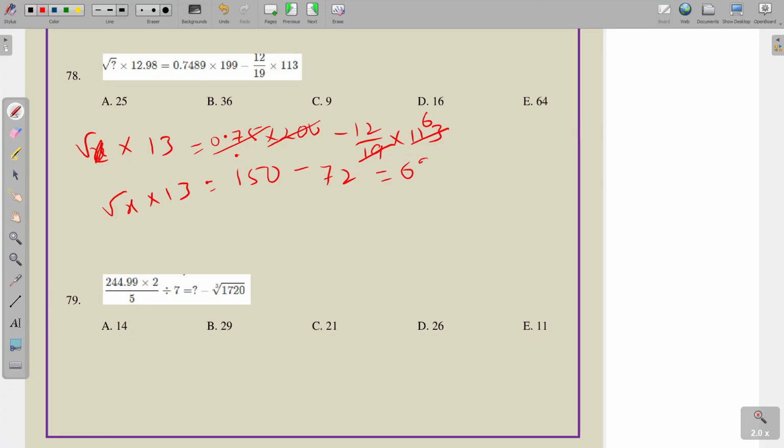Now 150 minus 72 is 78. So 13 6 times, root x is 6, means x is equal to 36 is the answer for this question.